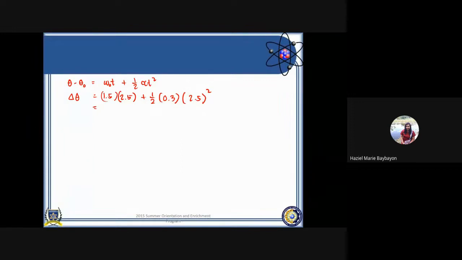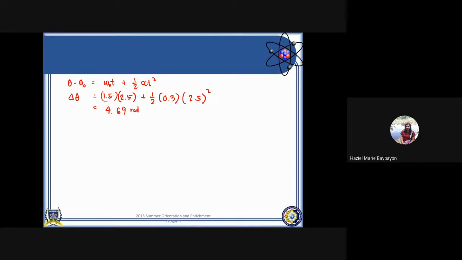So, how much is it? 4.69, ma'am. 4.69. Yes, ma'am. You already squared 2.5. Yes, ma'am. Okay, so it's 4.69. Very good. 4.69, the unit is radians.